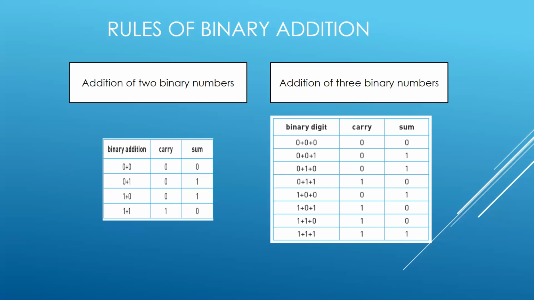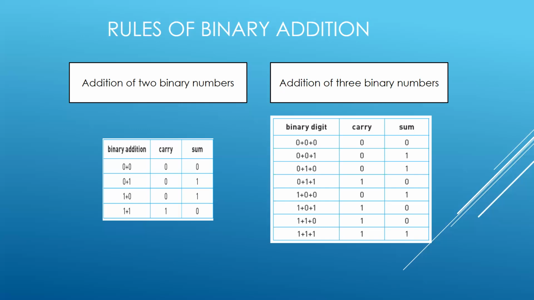So in this case also, you will get carry as 0 and sum will be 1. Any questions? Okay. 0 plus 1 plus 0. Again, one value is a 1 and the other two are zeros, no matter where they are placed. So again, this answer is going to be the same. Your carry will be 0 and your sum will be 1.